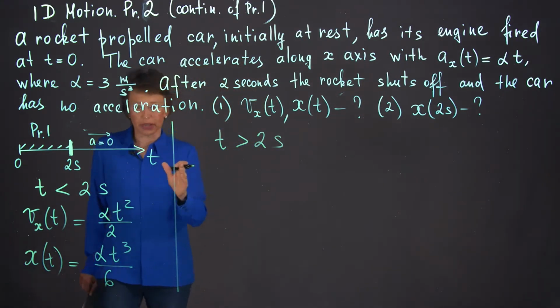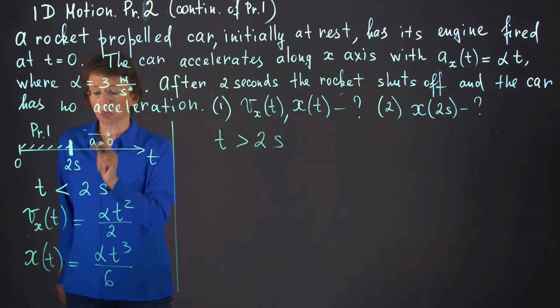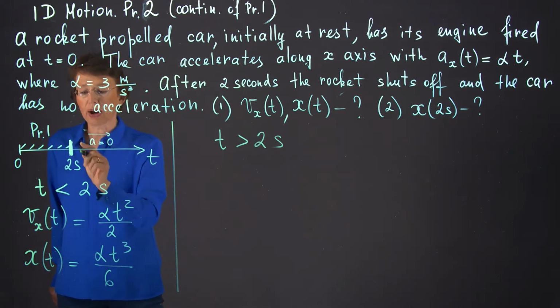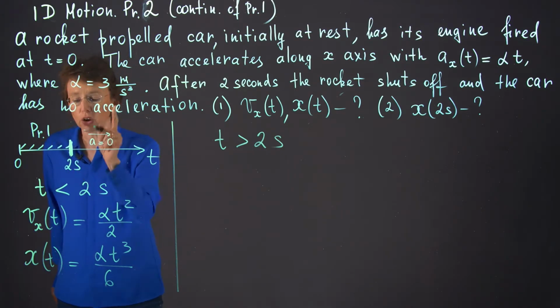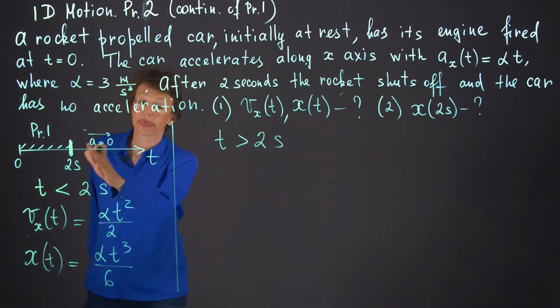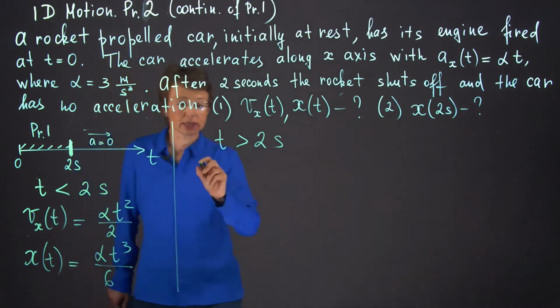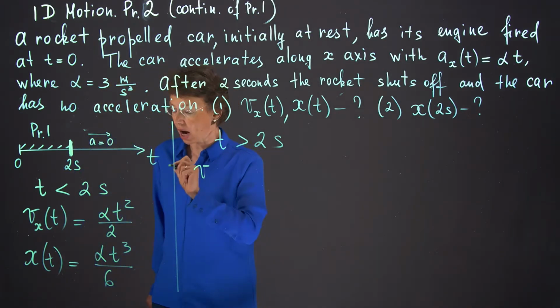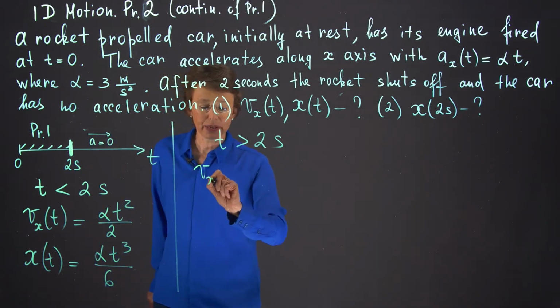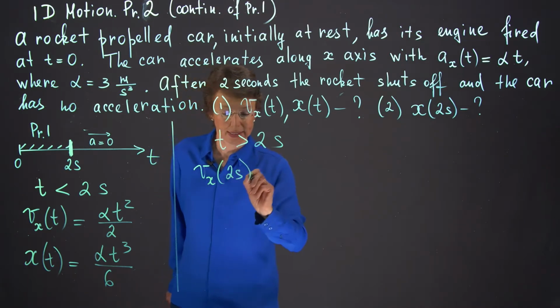Now we need to consider our motion at time greater than 2 seconds. At time greater than 2 seconds, the acceleration is 0. What I want to do is find the velocity of the car and position of the car at 2 seconds, and then we will keep going. What is the velocity of the car at 2 seconds? It is Vx at 2 seconds.